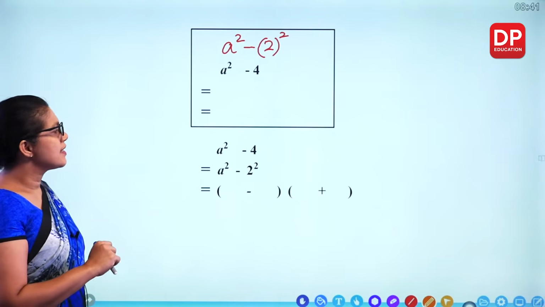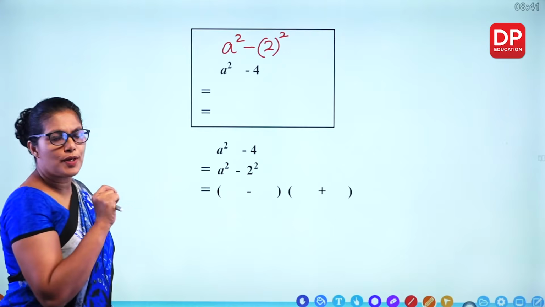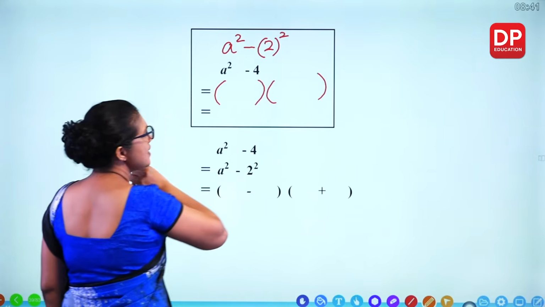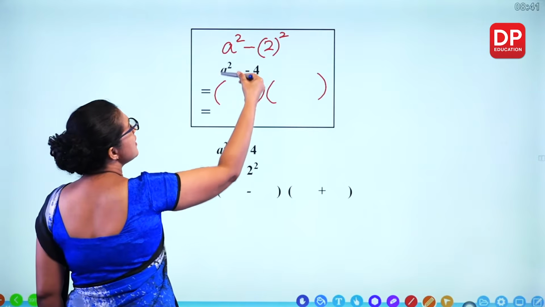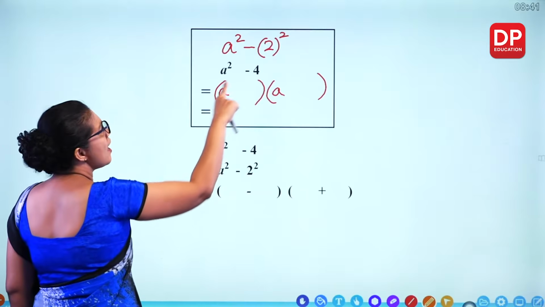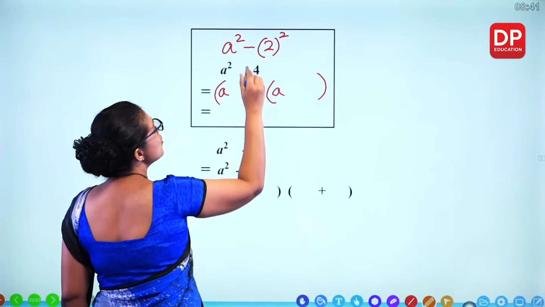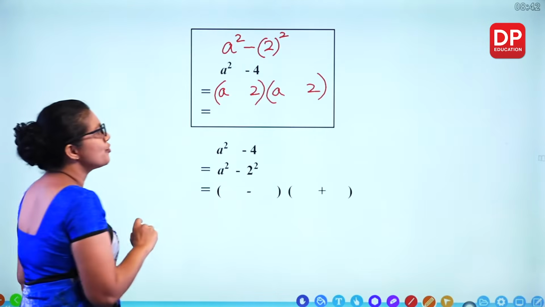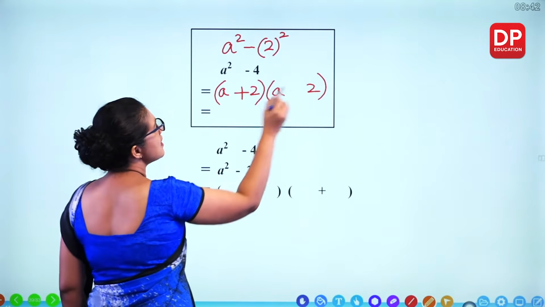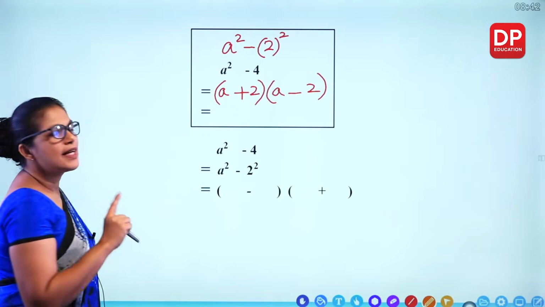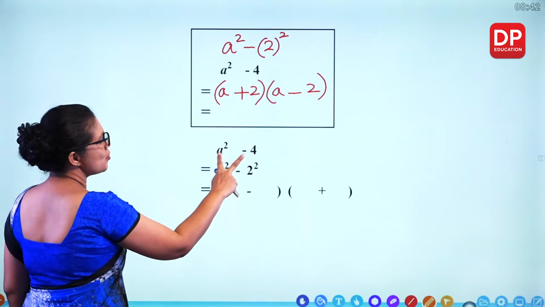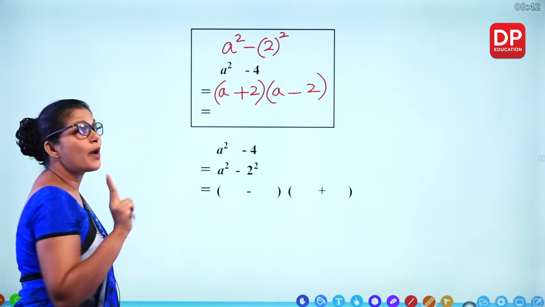So when you get two square terms, what do we do? We can write two factors like this and think about how you get a squared, that's a and a. How you get 4, that's 2 and 2. So you write down the factors and one factor is positive and one factor is negative. So that's really easy when you get two terms and both terms are square terms.